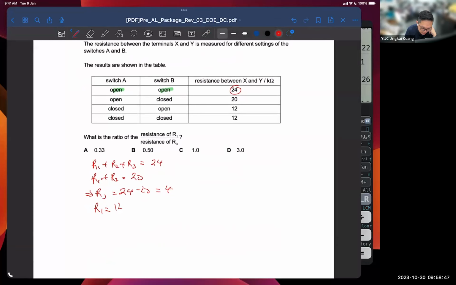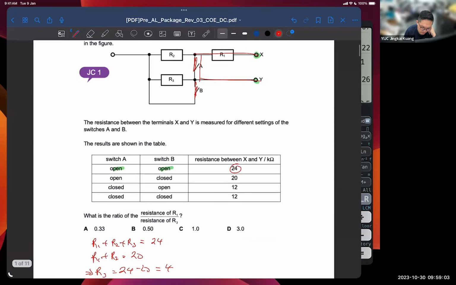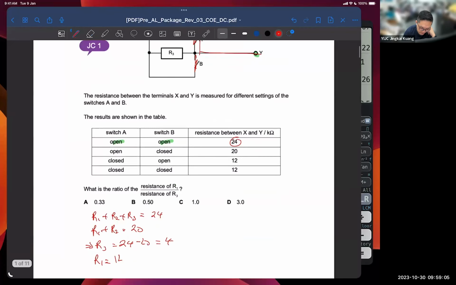Then the last one, both switches are closed. Let's check what's happening. If I close both switches, then you are still just passing through this, this, this. You don't have to care about the rest of it. So this is still just R1. So this is R1 plus R2 plus R3, this is R1 plus R2, this is just R1, this is just R1.